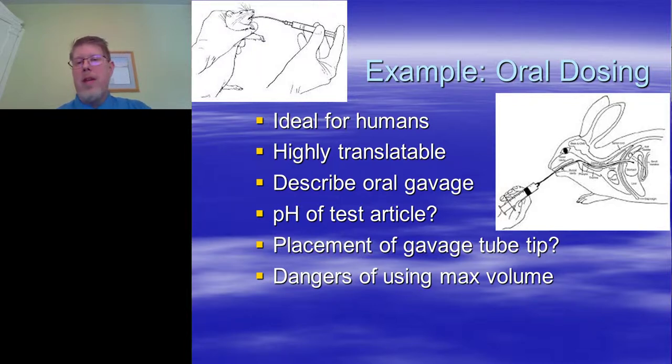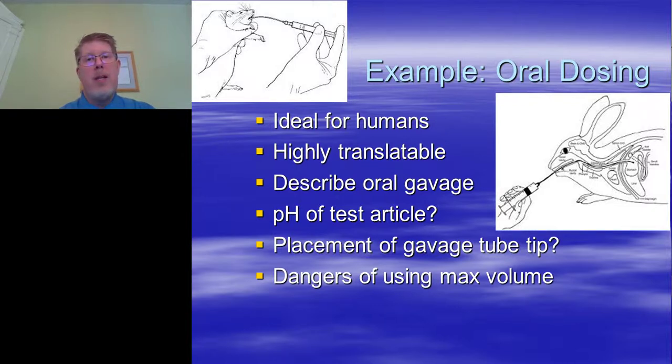We also have little things like, do we use the full volume? So here's the maximum volume that you can give to an animal. If it's been eating and its stomach is full and you administer a max volume, well, now you've distended the stomach. And what's the normal GI reaction to that? It flushes out the GI tract as quickly as possible, typically liquid.